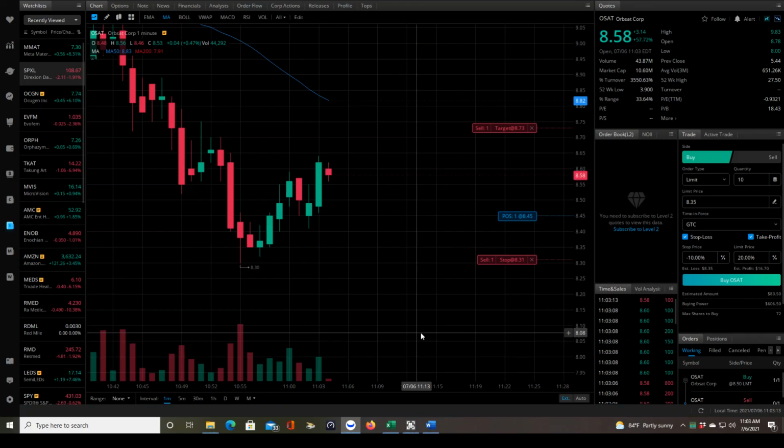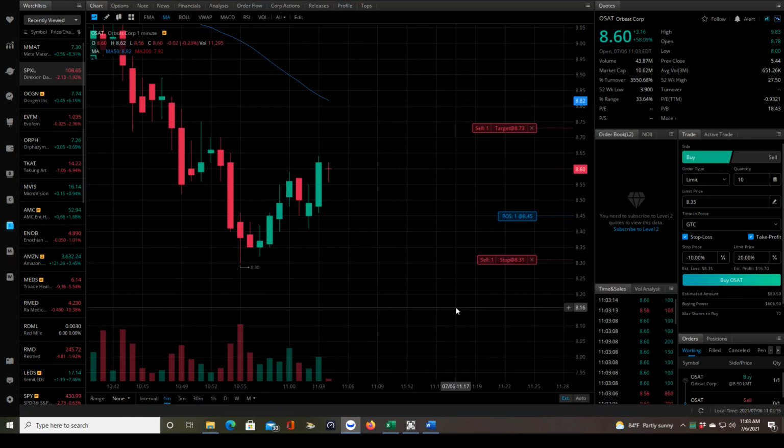Looks like another glitch there maybe on that red candle. I'm going to watch all of these on playback and really scrutinize each candle formation.